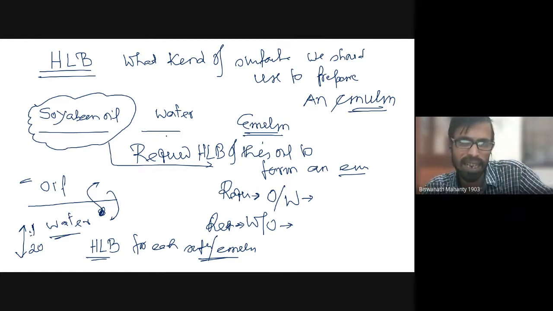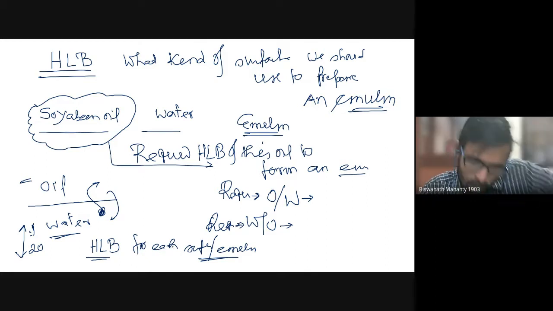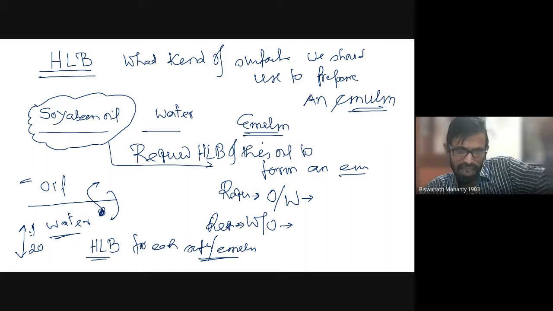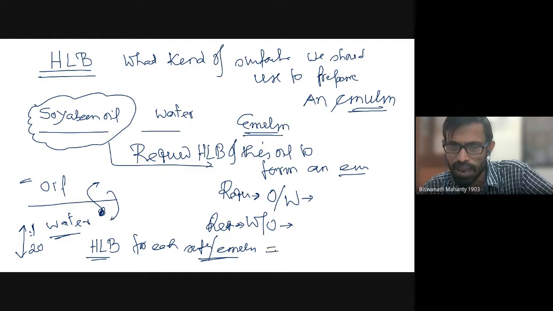This is a scale, like pH. Now, if we have one surfactant, Tween 80 or Span 80 or SDS, each of them has an HLB value depending on whether they are more likely to be oil-like or likely to be in the water phase. So there is an HLB value for each surfactant.